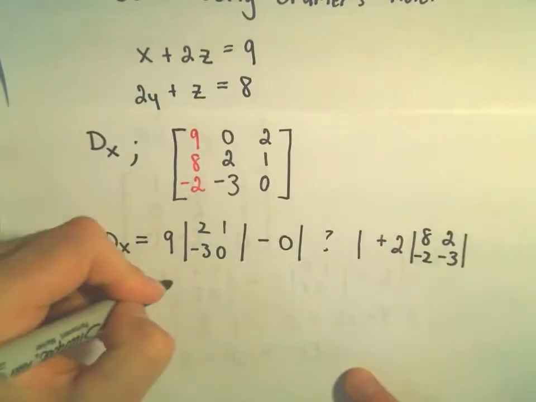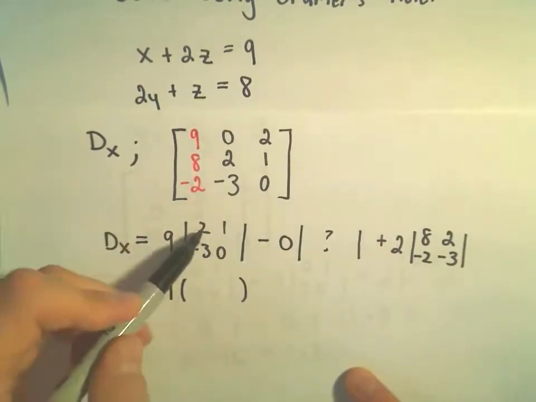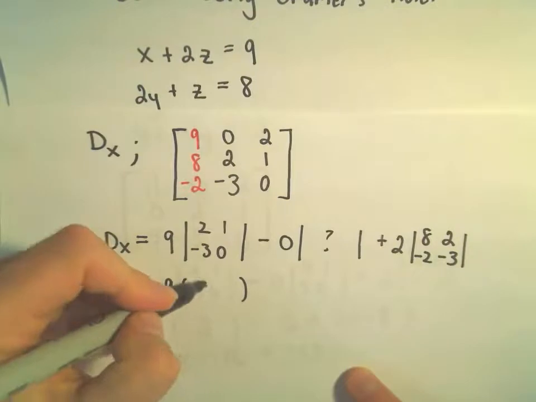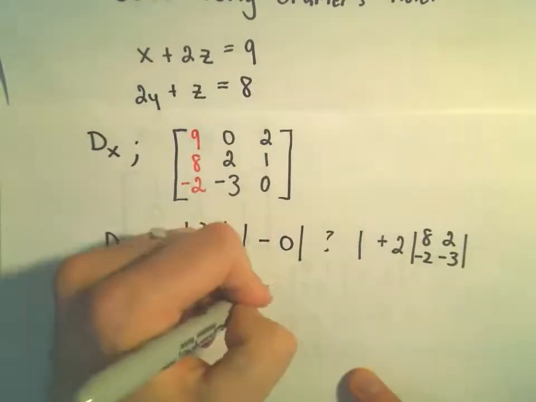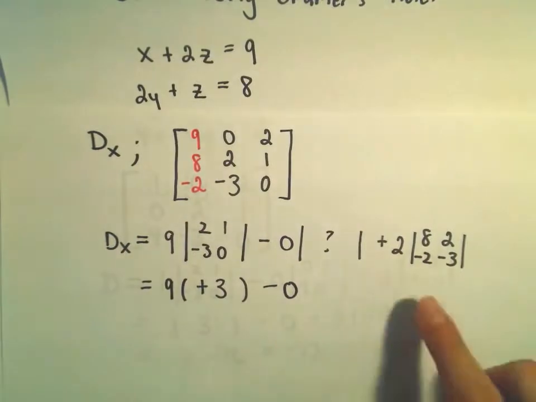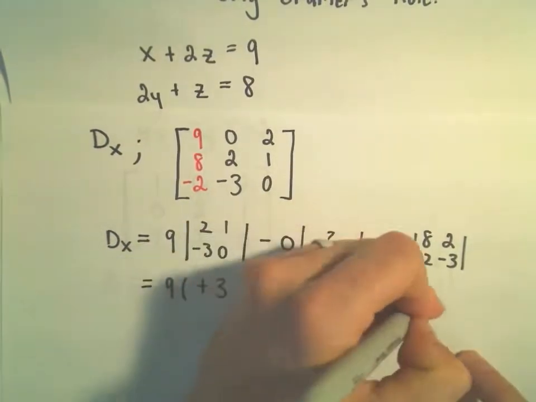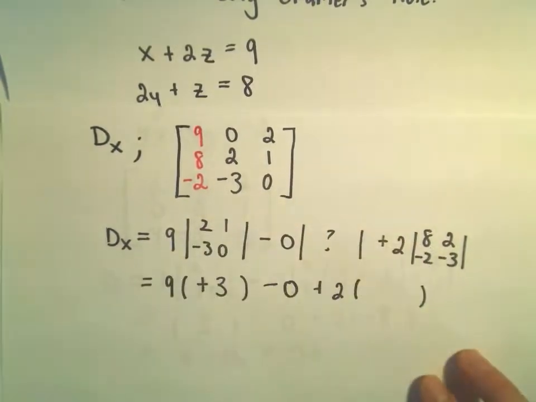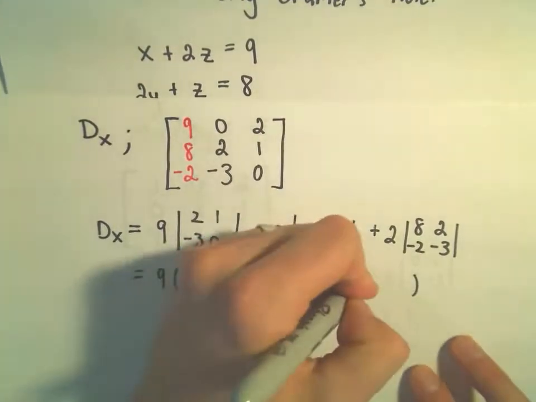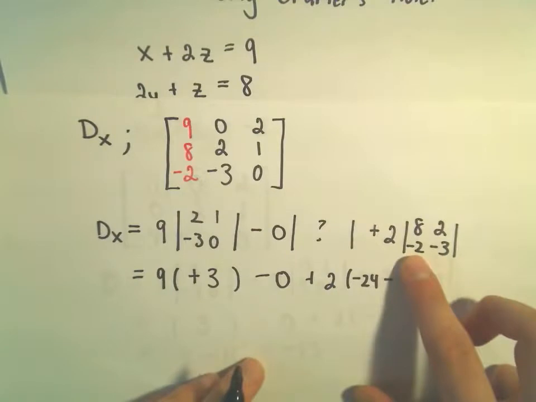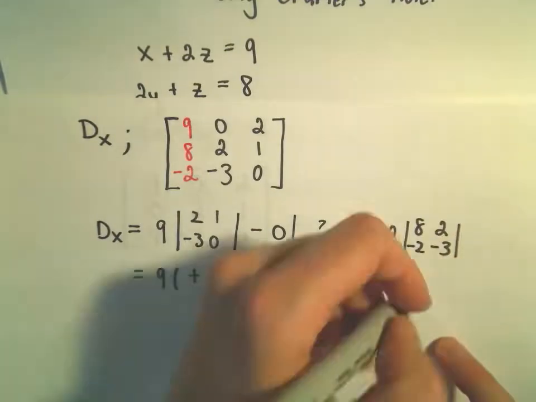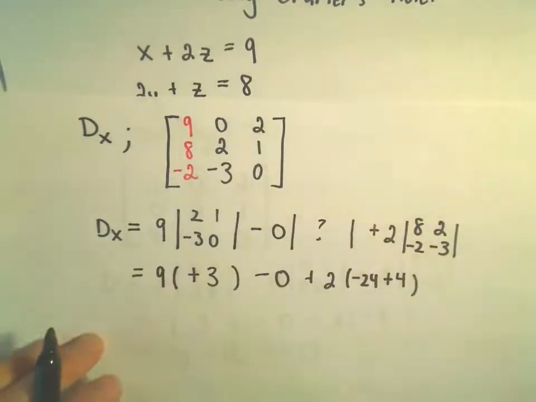So let's see if we can do the arithmetic here. So we'll have 2 times 0, which is 0, minus negative 3 times 1, which will give us a positive 3. Our middle term is going to be 0. And then we'll have plus 2 times, let's see, it looks like 8 times negative 3, which is going to be negative 24, minus, let's see, negative 2 times 2 would be negative 4, so we'll actually get plus 4.